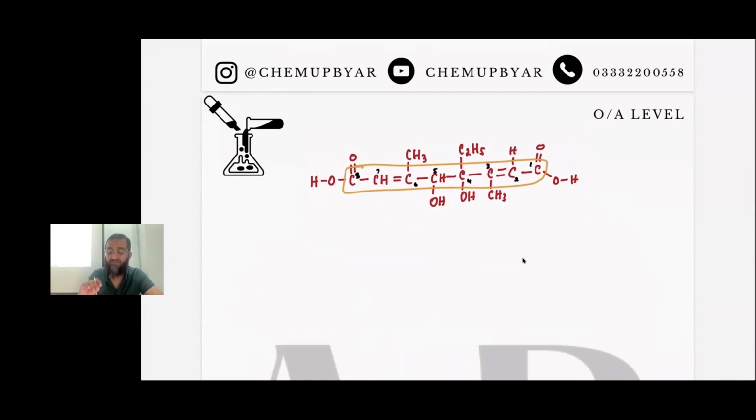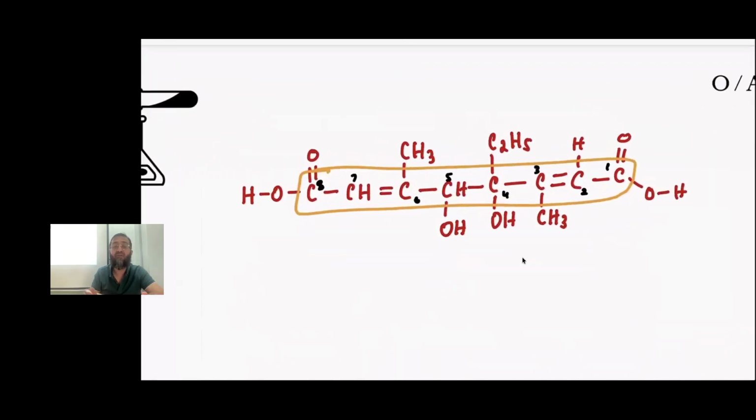Here you go. So I have numbered it. I numbered this structure from carbon number 1 on the right. Can I do the numbering from the carbon on the left as well? Is it possible or not?